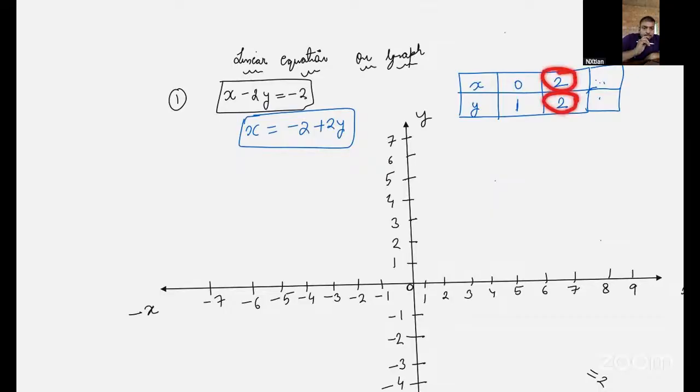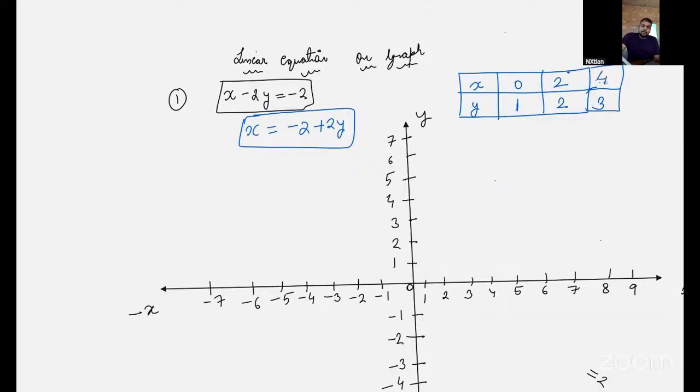Any other values? So then y can be equal to 3, 3 twos are 6. Then what is the value of x? 6 minus 2 is 4. So you got x as 4.